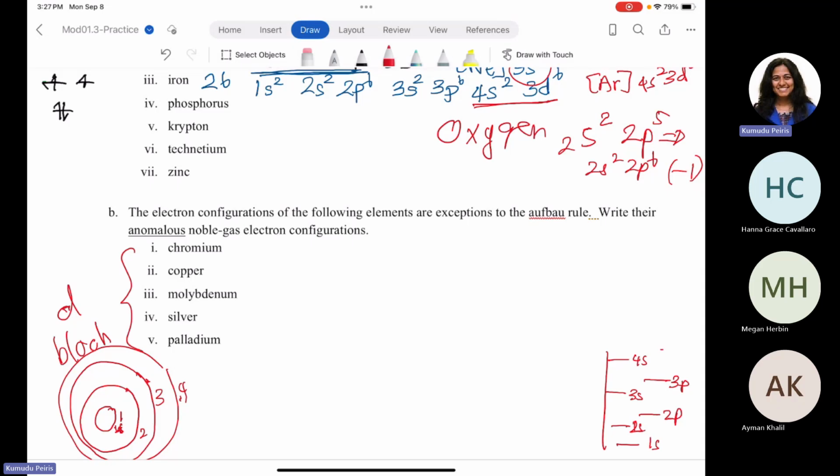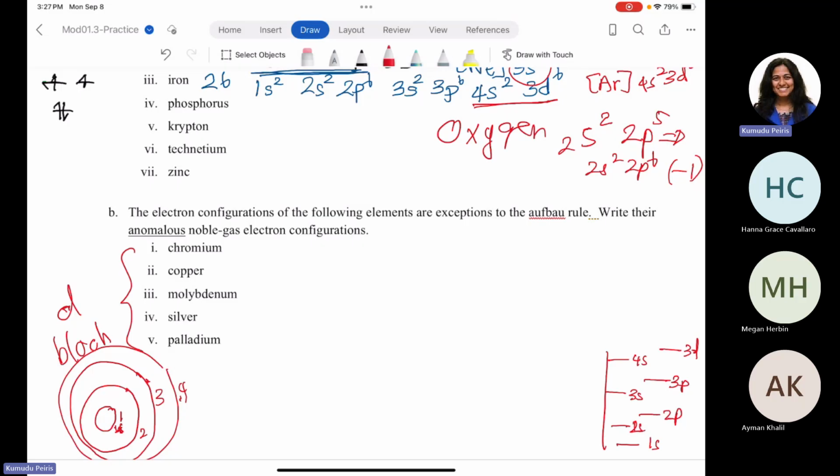After 4s, we get the 3d. So you will see the energy of the 4s orbital is lower than the 3d. That's why electrons will fill into the 4s orbital before they fill into 3d. That is the reason.